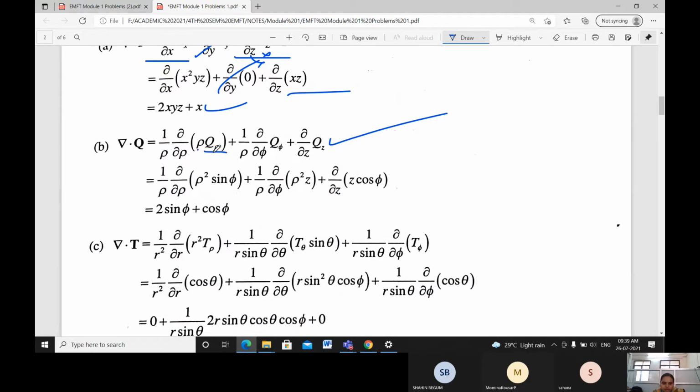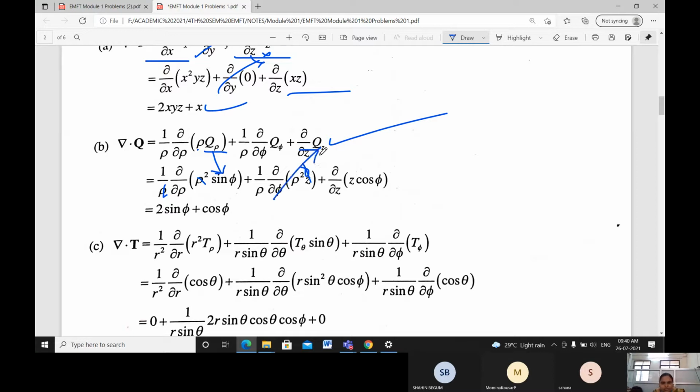Replace Q rho with rho sin phi, rho into rho is rho squared here, then Q phi is nothing but rho squared z, then Qz is nothing but z cos phi. Then go with the differentiation. After differentiating you will get 1 by rho into 2 rho sin phi, the rho will get cancelled, remaining is 2 sin phi. Then observe here, there is no phi term, means it is differentiating with respect to a constant.